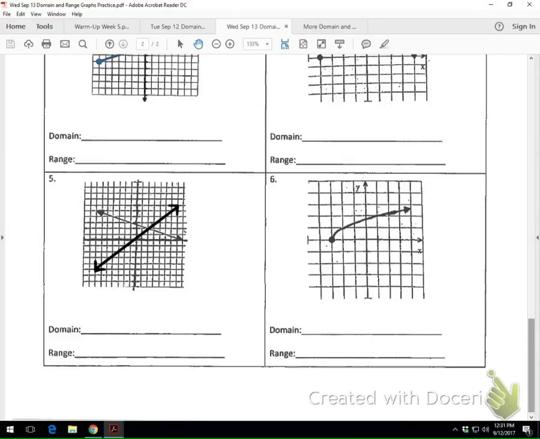Now, remember on 6, I told you on the front side, if the arrow is going up, it's greater than or equal to. Well, if I change it and make the arrow go down, you just change it to less than or equal to.